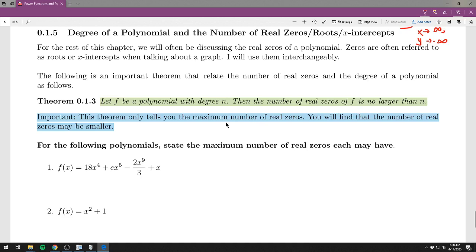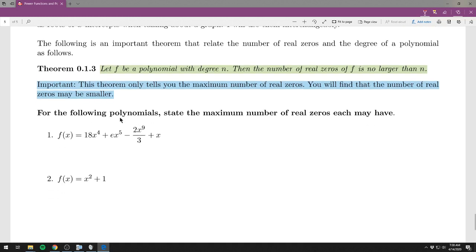All right, so what this theorem tells you is if you have a particular degree of a polynomial, the maximum number of x-intercepts, if you graph it, is that degree. It doesn't tell you how many there are. So there could be a lot less, there could be none, even though your degree is 100. It just tells you the most you can have.